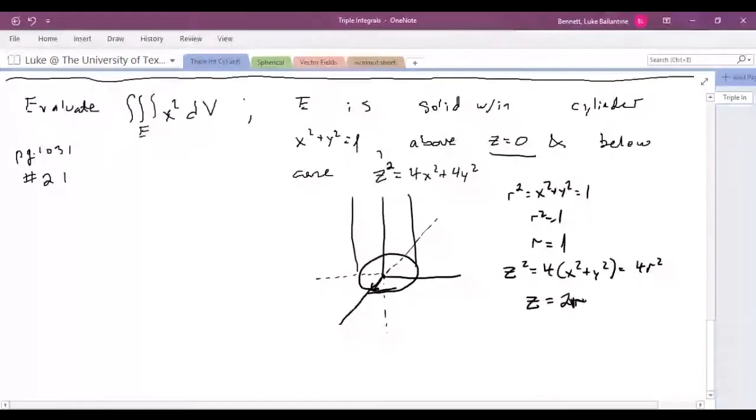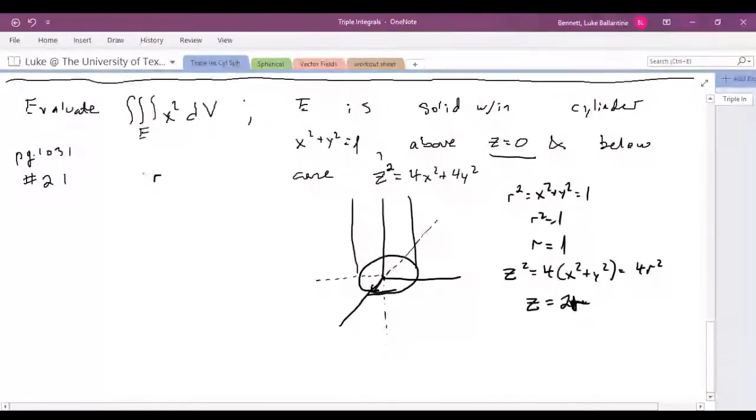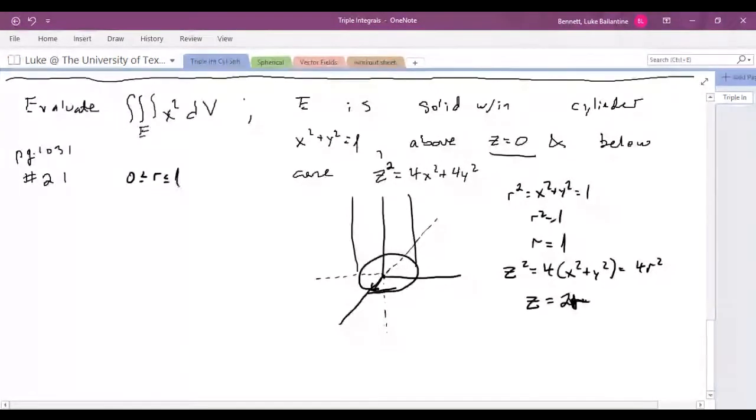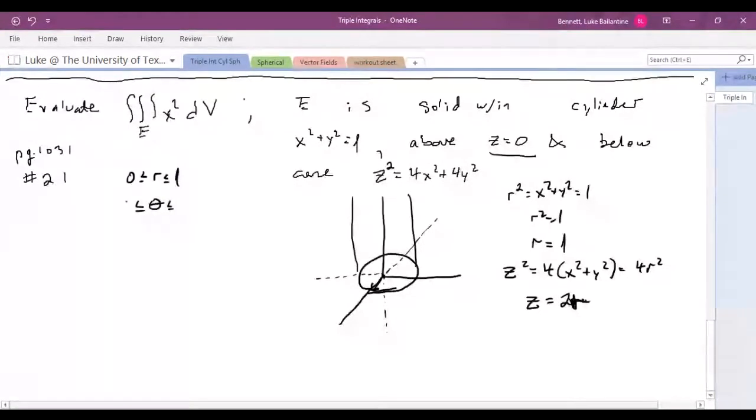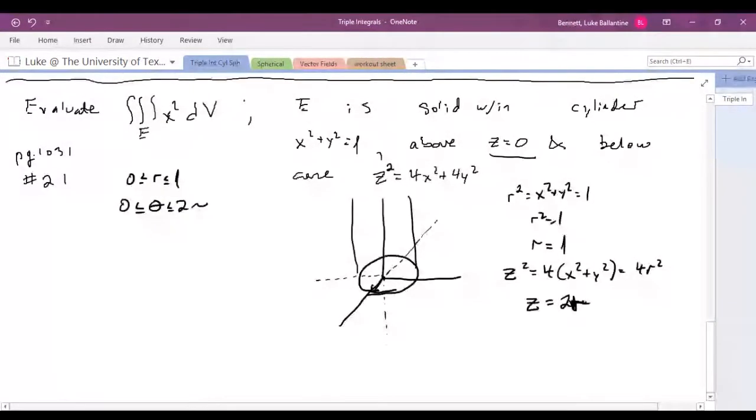So we're going from 0 to 2r on our z bounds. We already established that r is going between 0 and 1, and theta, obviously, is 0 to 2 pi.